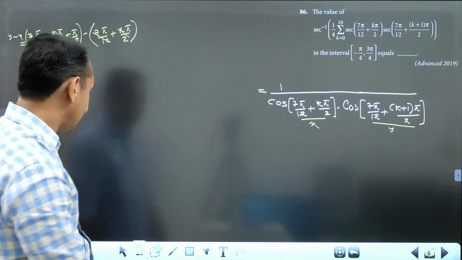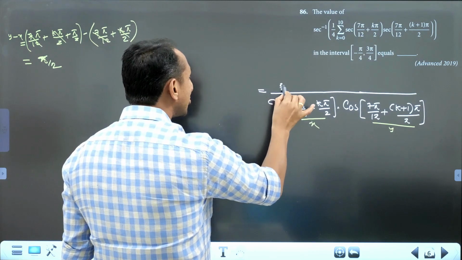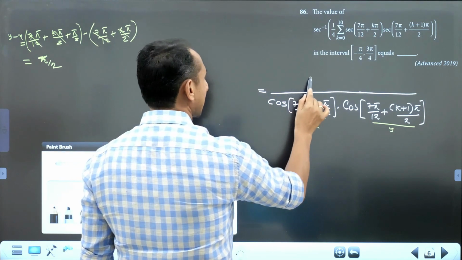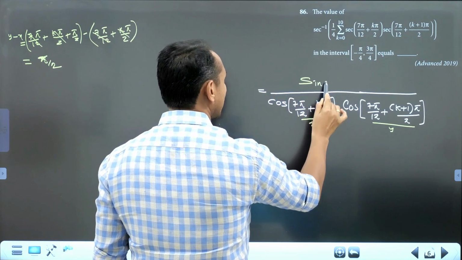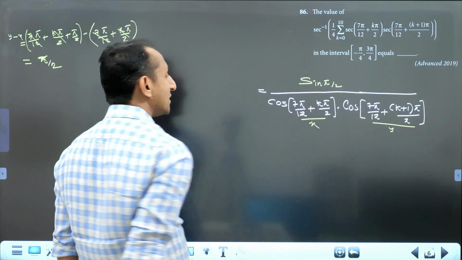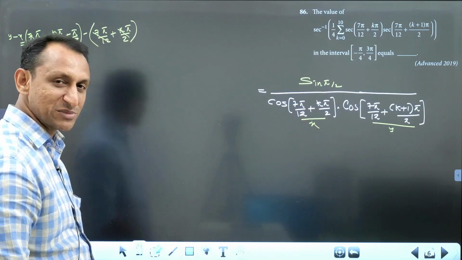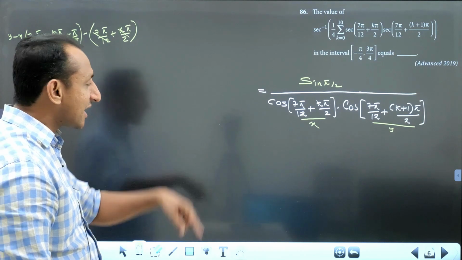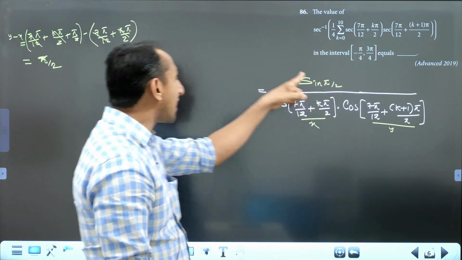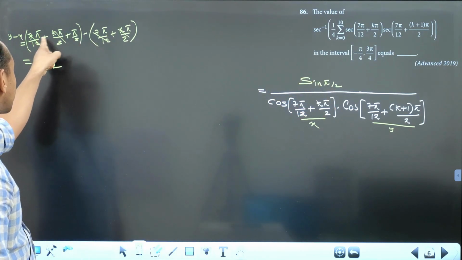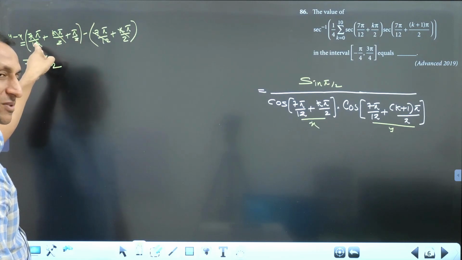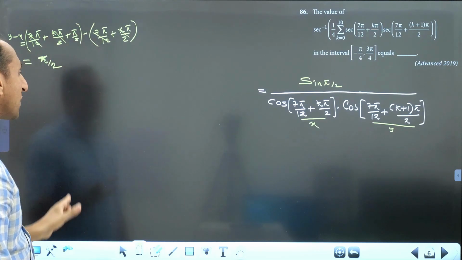So I write this numerator 1 as sin pi by 2. Again I change this sin pi by 2 into this form. Simplifying, we get pi by 2.